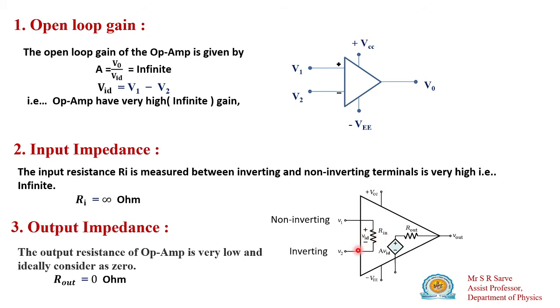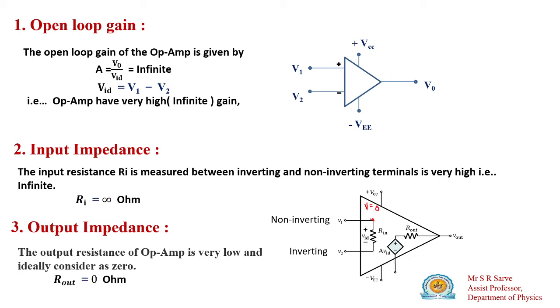This resistance should be very high, so that this terminal acts as a virtual ground terminal. Virtual ground means at that point the voltage should be equal to 0.